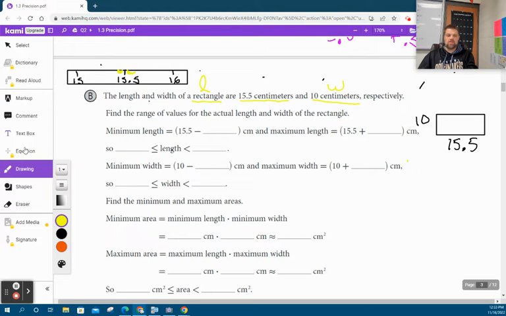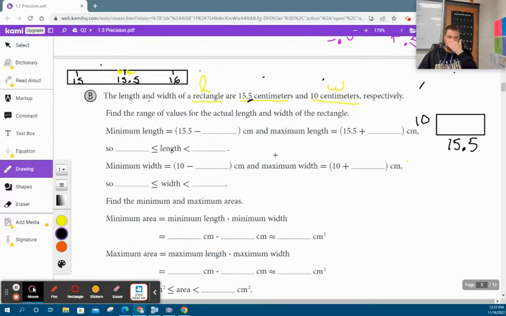Because we're going to one decimal place here, I have to consider an error factor.